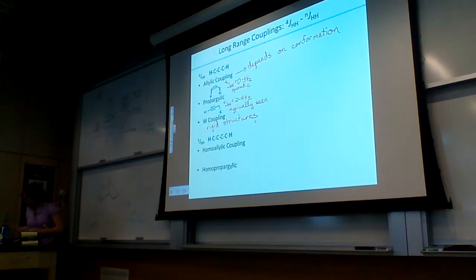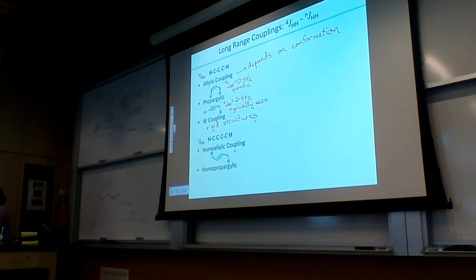The last two on here are the homoallylic and homopropargylic. So homo means moving one more out. In this case, we're going to look at both sides of the alkene having a carbon with a hydrogen attached to it. And in this case, the two hydrogens are considered homoallylic.